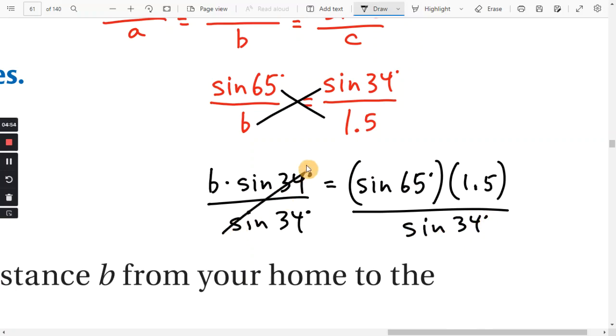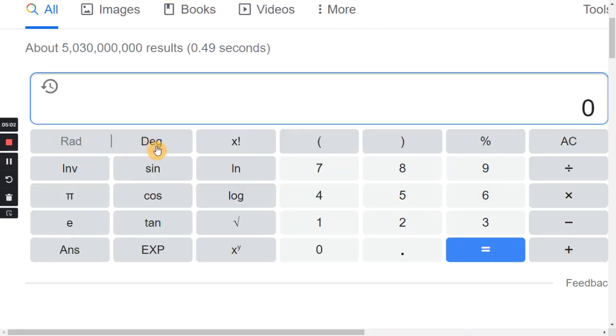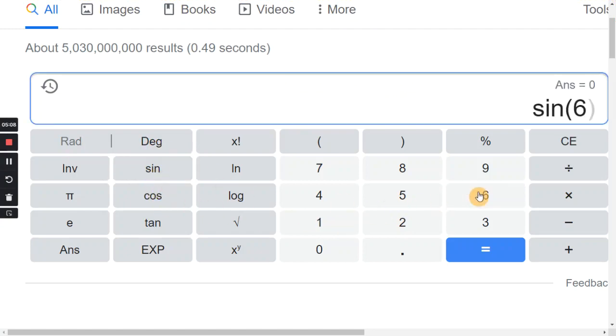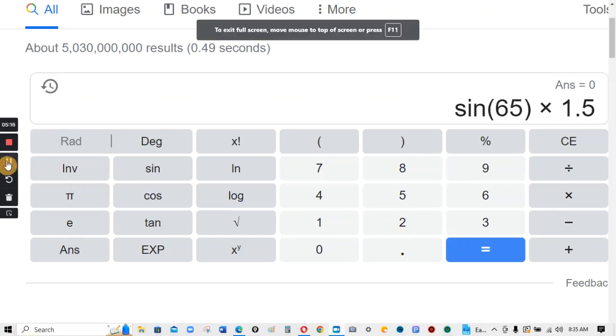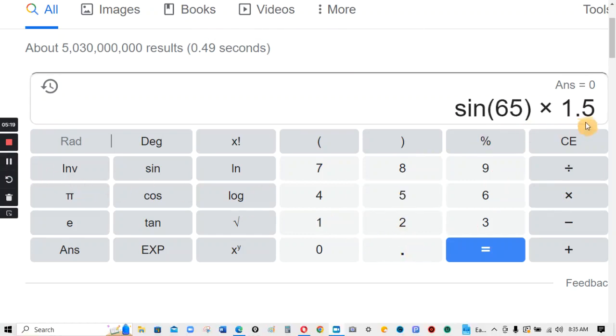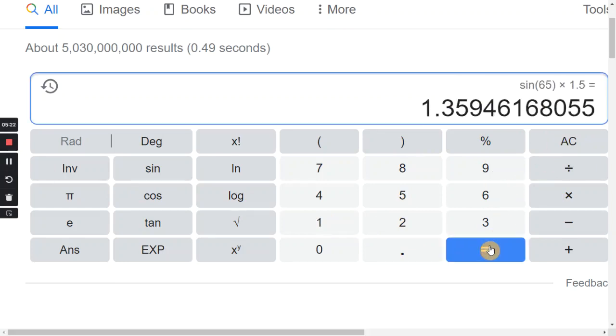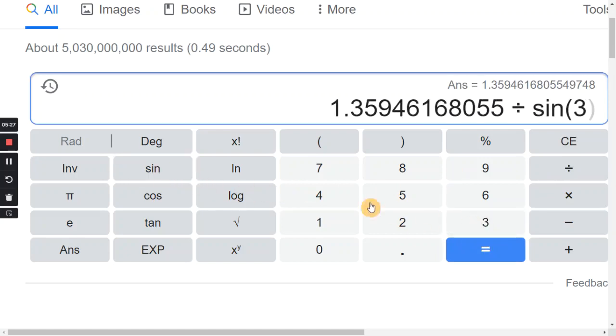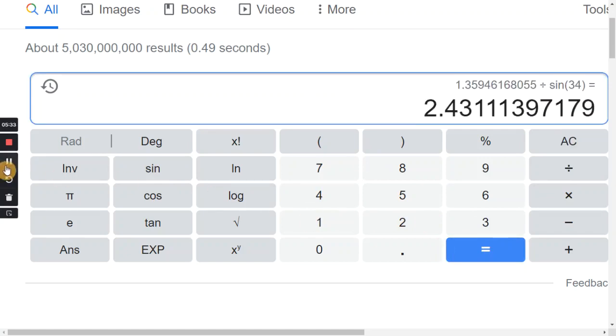It cancels here. We need to do this on the calculator. Make sure degrees is in boldface. We're going to do the sine of 65, close parentheses, times 1.5, hit equals, and then take that answer divided by sine of 34, close parentheses, hit equals.